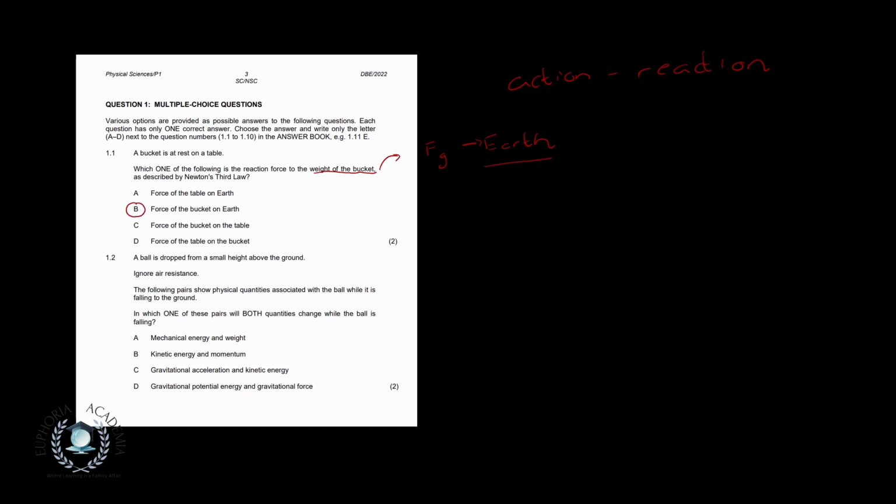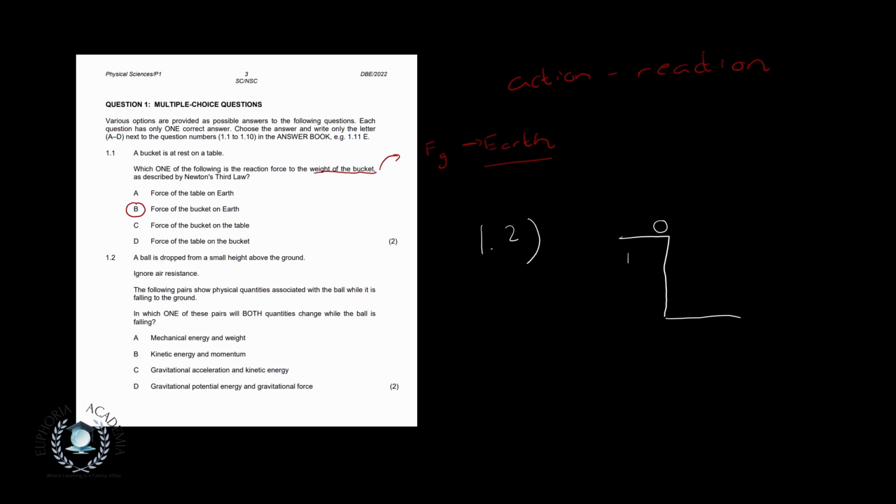And then for 1.2, a ball is dropped from a small height above the ground. All right, so let's quickly draw that situation. So we have a ball at some height here, and then it is dropped from a small height above the ground.